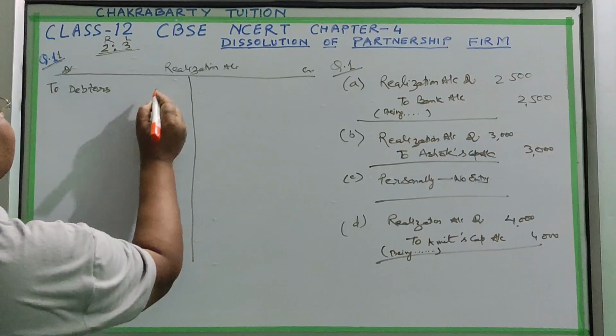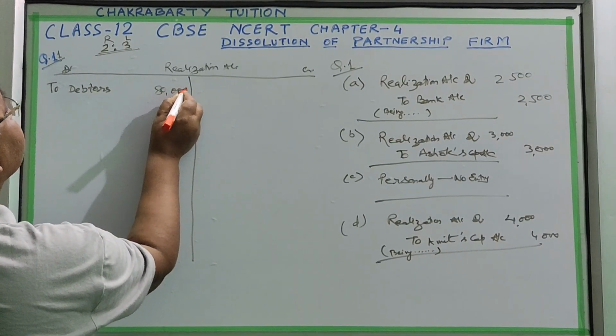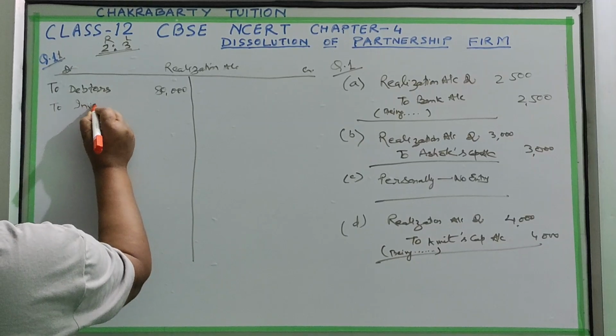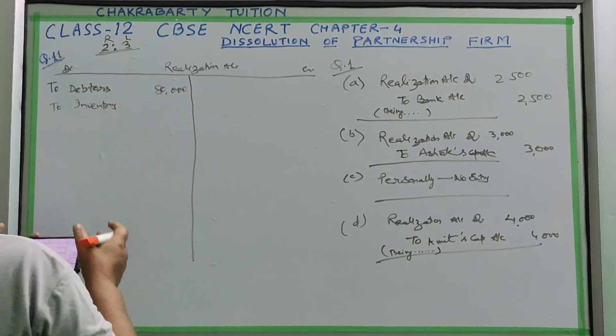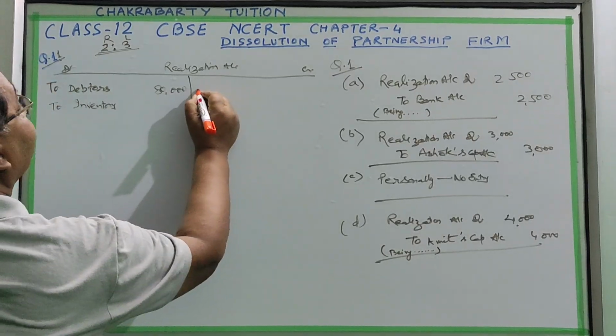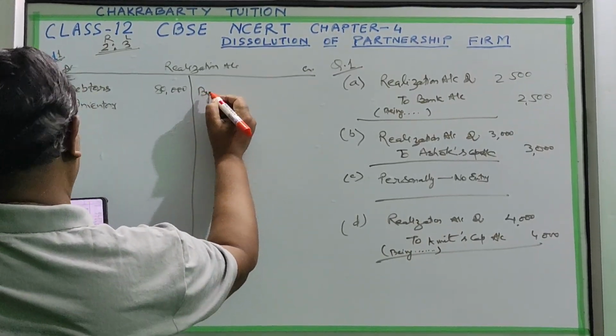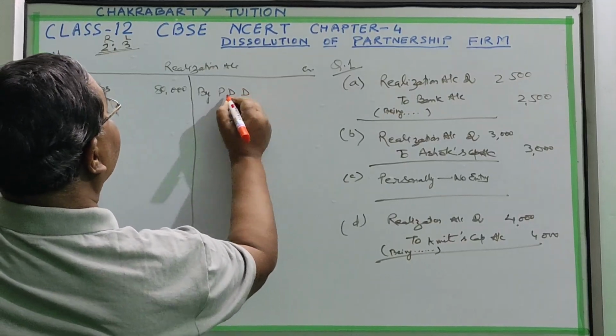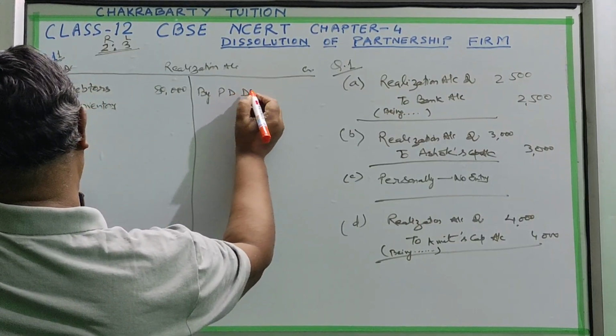Debtors 80,000. Then to inventory. And the less provision. Provision is a credit entry, so we will write it here by. By means credit, that account we will credit. Provision for doubtful debts, PBDD, provision for bad and doubtful debts.